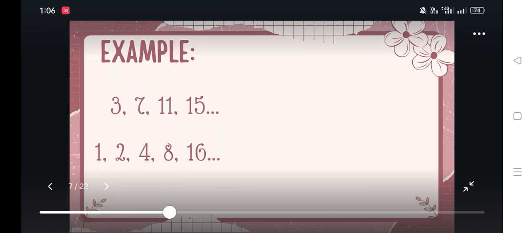For example, this one. We have 3, 7, 11, 15. What rule did we use in this first example?